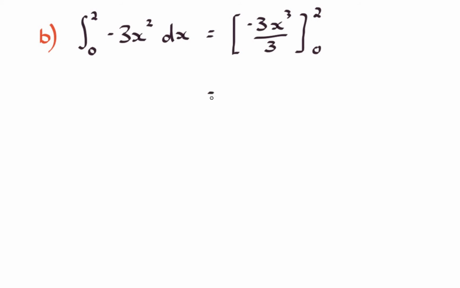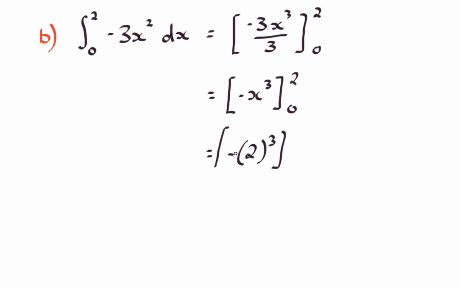Simplifying, we can see that this gives us negative x cubed. Applying the fundamental theorem of calculus, we're going to substitute in the value of 2. Now I'm using brackets here just to be careful because of this negative out the front. And then I do need to subtract f of 0.